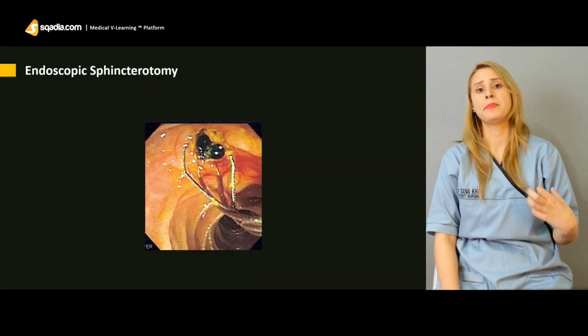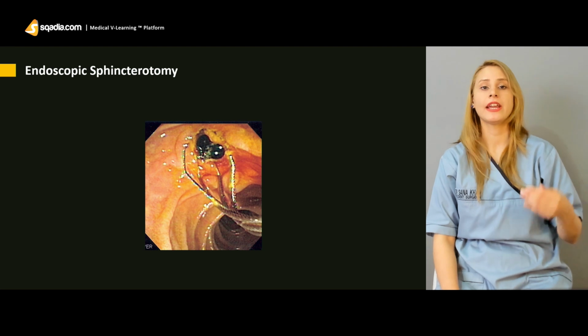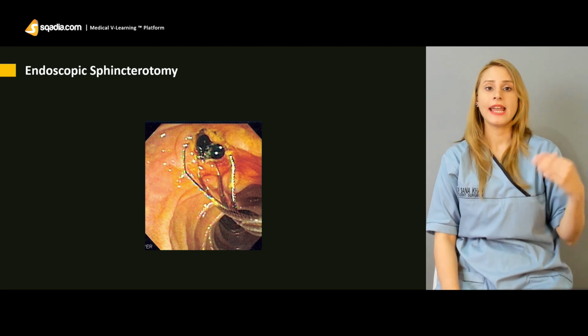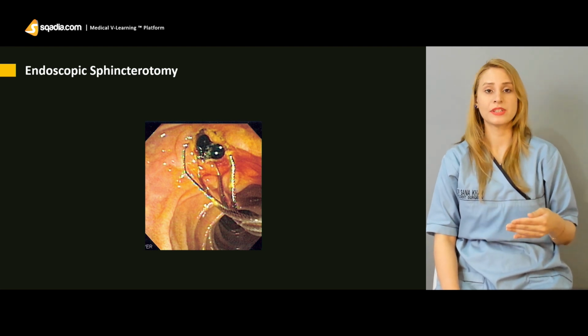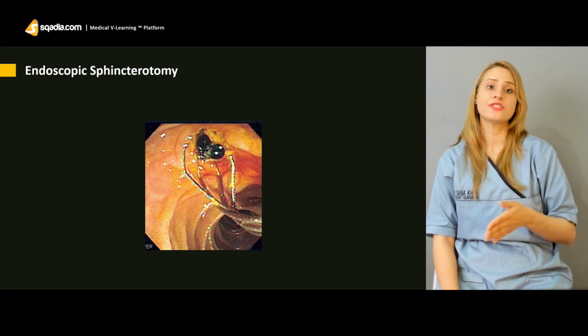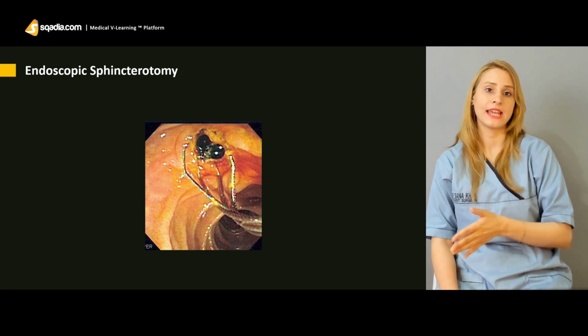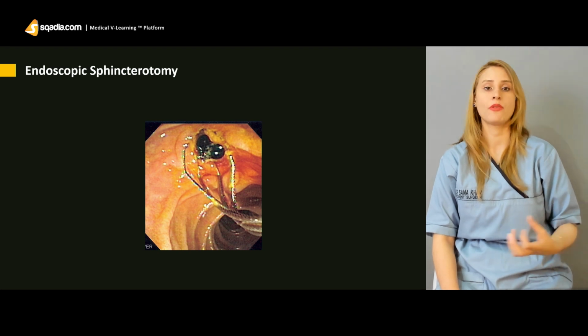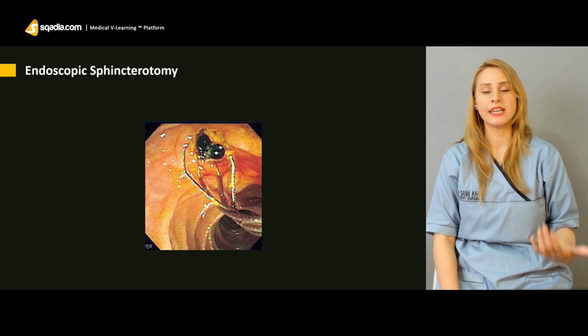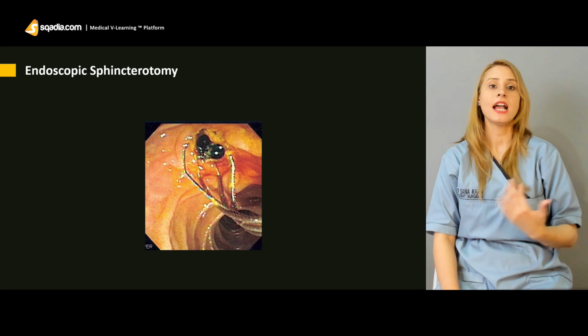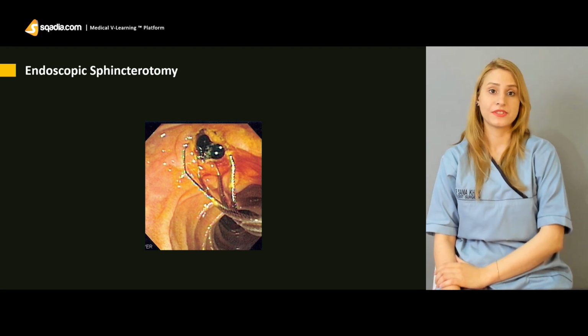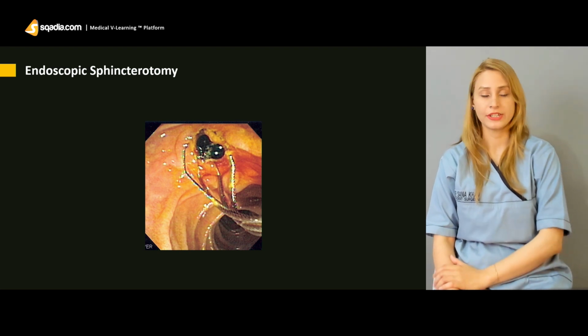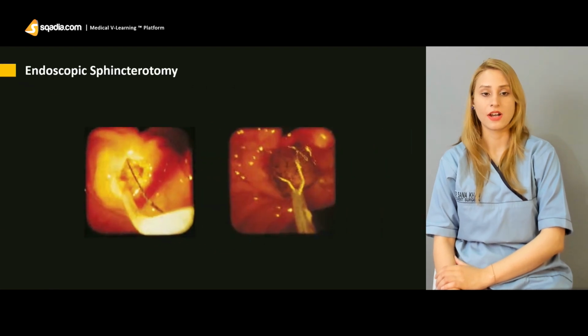We'll be talking about endoscopic retrograde cholangiopancreatography, and then endoscopic sphincterotomy, how this procedure is performed and how it's going to help you in the retrieval of the stones, what kind of GA is used for that, and what kind of important post procedure things you have to do after endoscopic sphincterotomy.